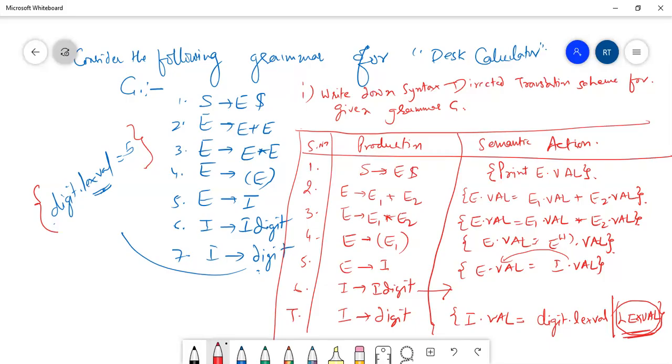Please write the corresponding semantic action and share your answer through chat. I will wait for 2 or 3 minutes so that you can write the semantic action for this I tends to I digit.